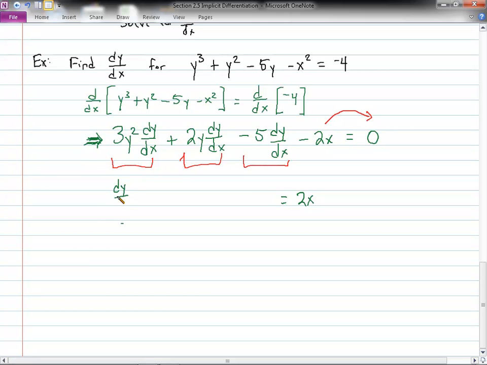Dy dx factored out leaves 3y squared plus 2y minus 5, so divide both sides by 3y squared plus 2y minus 5.